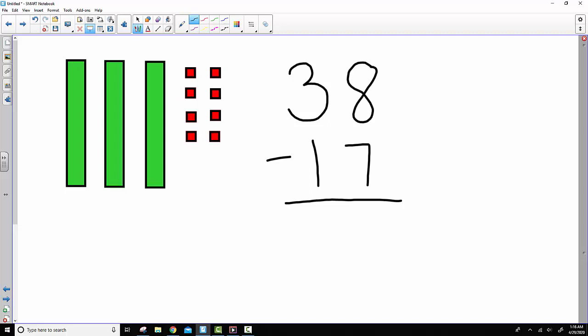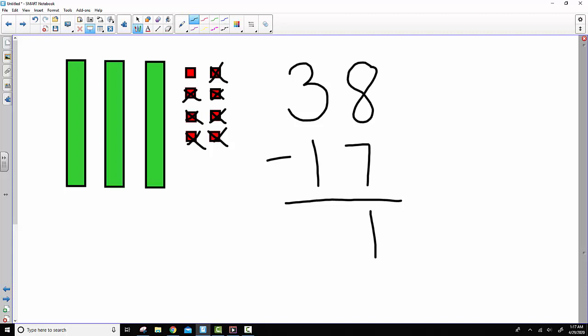We first want to subtract our ones column. So from our 8 ones, we see that we can easily subtract 7 of the ones, which will leave us with 1, a single 1. Next, we look at our tens columns.